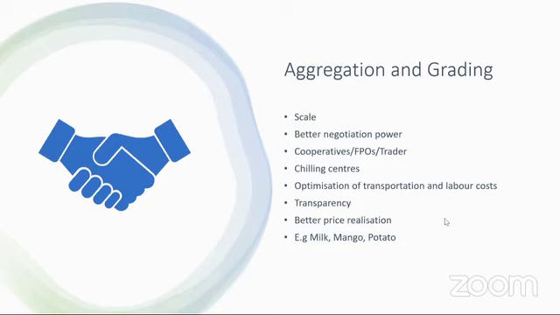And grading: if you talk to any producer or any processor, they will always have quality parameters. For good quality produce they will pay good prices, and most of the time they reject the produce which is not up to the mark.